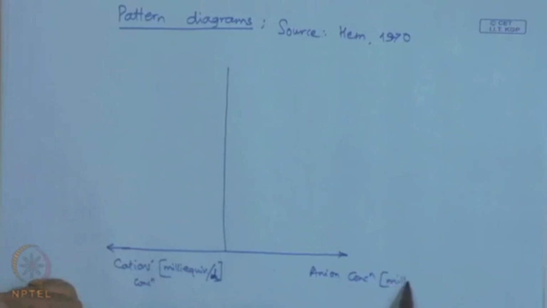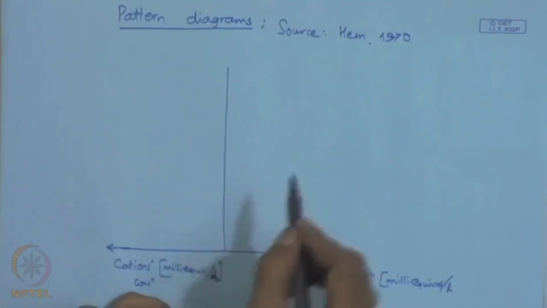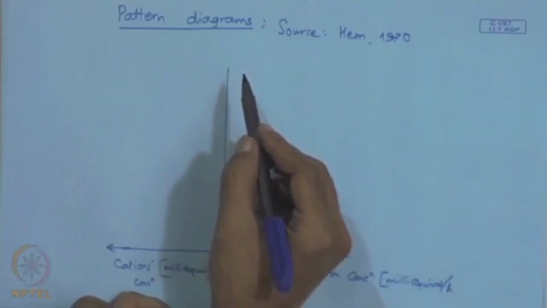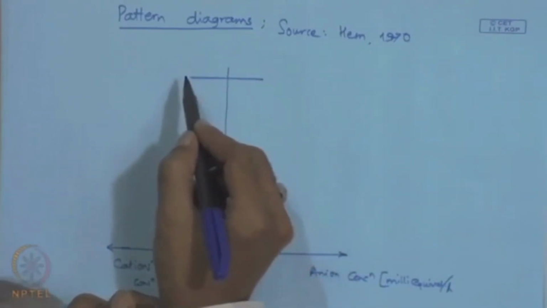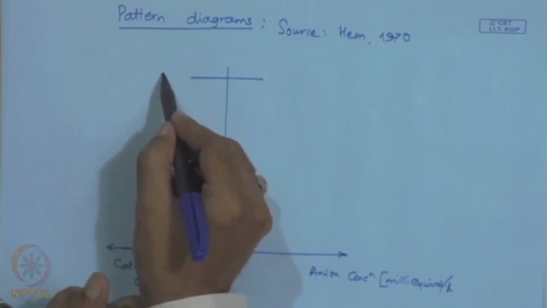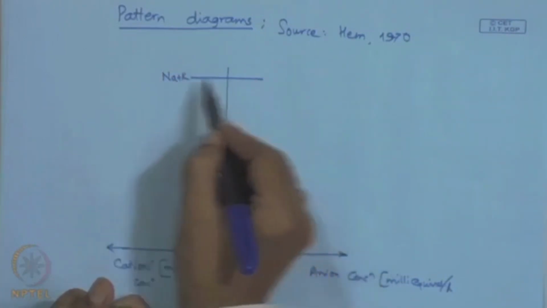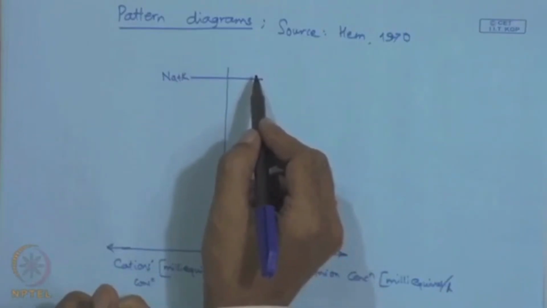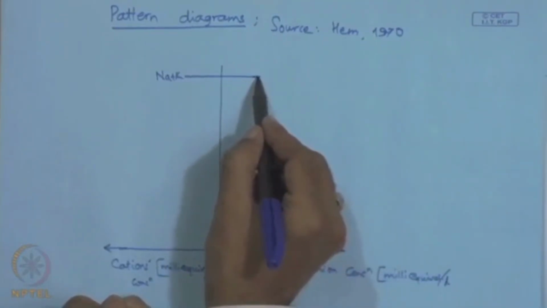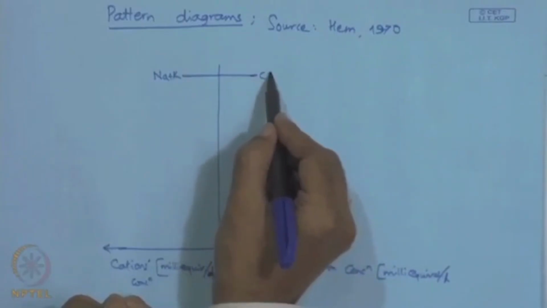That is in milli equivalent per liter, and here for each of the samples, along the top one represents Na plus K on the cation side, or the left side, and along the same line, on the right side, it represents the chloride concentration.